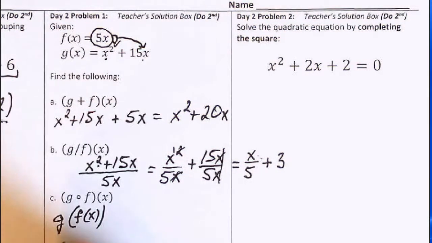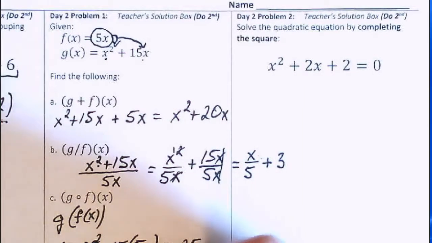So it's going to look like 5x squared plus 15 times 5x. 5 squared is 25. X squared is x squared plus, and 15 times 5x is 75x.